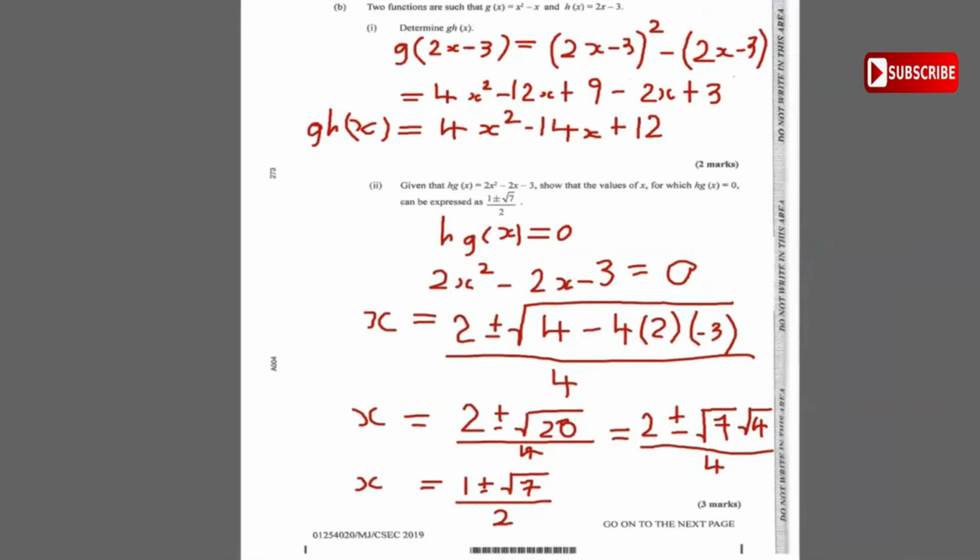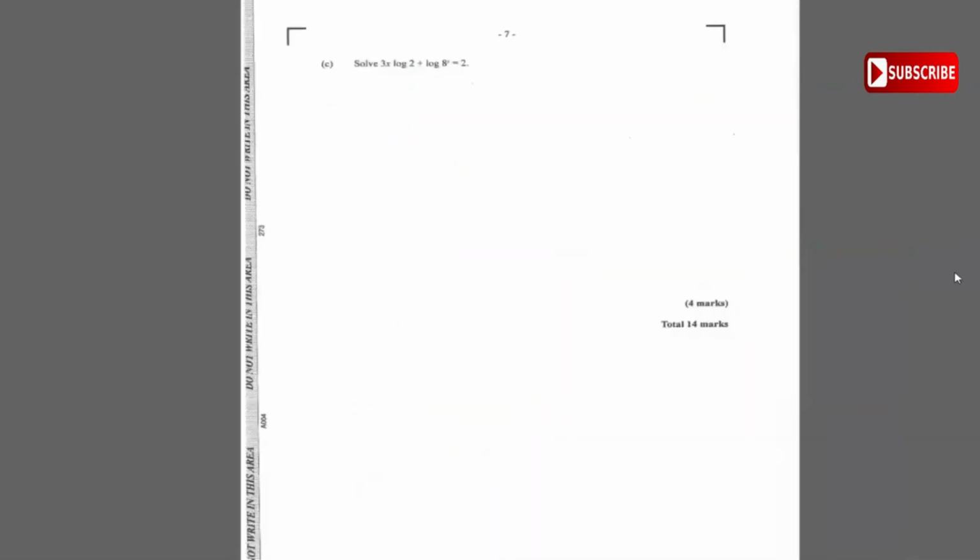Let's continue. Now this part of the question, part c, says solve 3x log 2 plus log 8 to the x equal to 2. Now, in order to solve this question, I like to write it as one logarithm. So when they give you 3x log 2, just for now, I'm going to bring up the log.